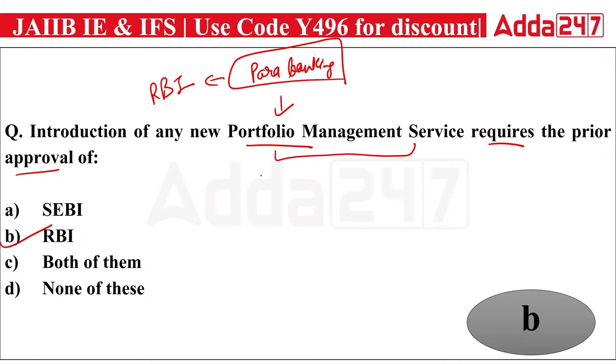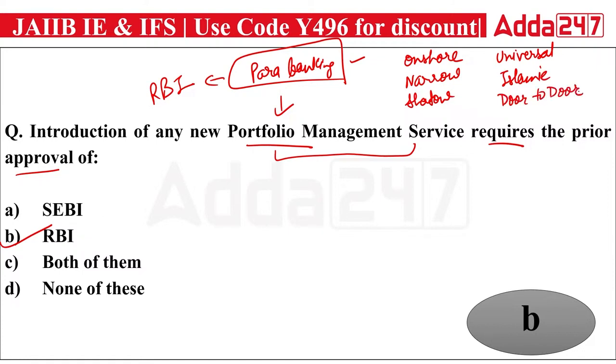Whether it is parabanking, onshore banking, narrow banking, shadow banking, universal banking, Islamic banking, door-to-door banking, relationship banking, etcetera, all these types of banking services will be regulated by RBI.